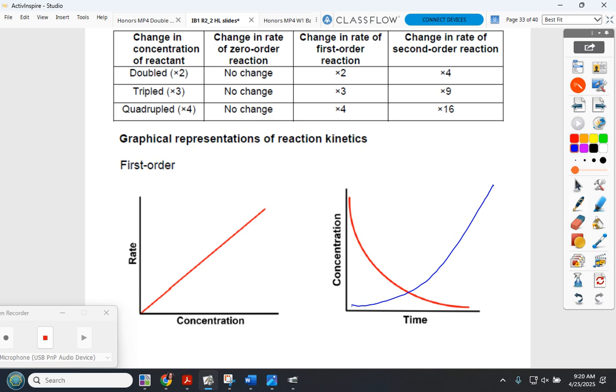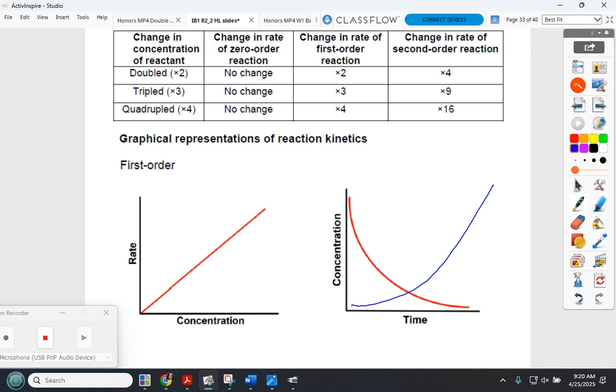So if you have a graph of these data for your experiment and you see that it's curved like this, you can say this is probably a first order reaction. And if you then graph rate versus concentration and you see that direct, one-to-one relationship, then you confirm that yes, this is a first order reaction with respect to the concentration that I'm changing, the substance that I'm changing the concentration of.